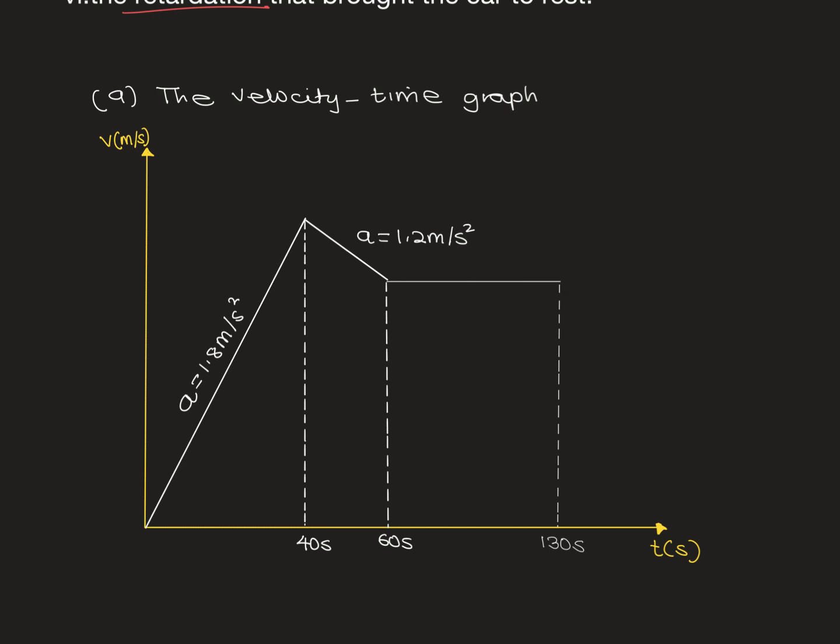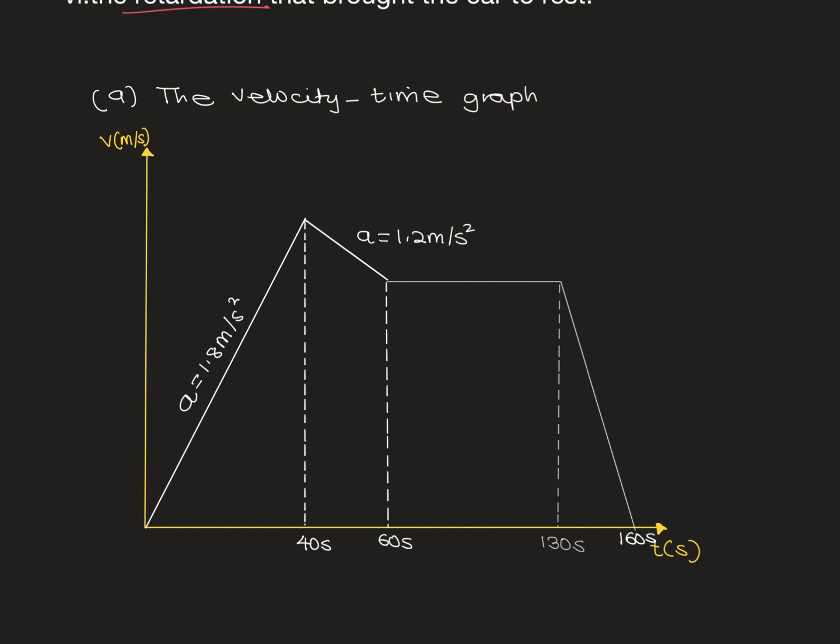After which the car decelerated to rest in 30 seconds. If we add that to 130, that will be 160 seconds. So the total time traveled for this motion is 160 seconds.